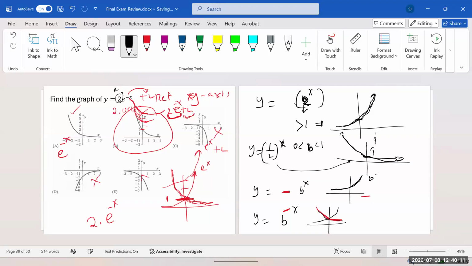This is the original B to the X. So if you have a negative in the front, the reflection is this one, negative B to the X. And this is B to the negative X. So depending on the negative sign on the X, if it's in the front, it's reflection about the X-axis. If it's on the power, it's reflection about the Y-axis, because negative power means a fraction. So it turns into this format.